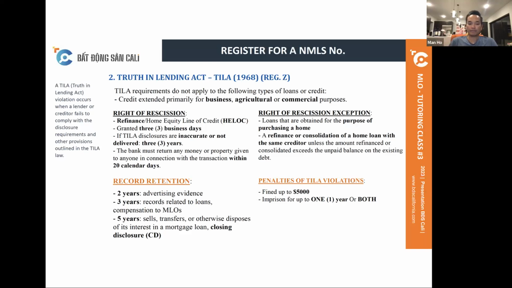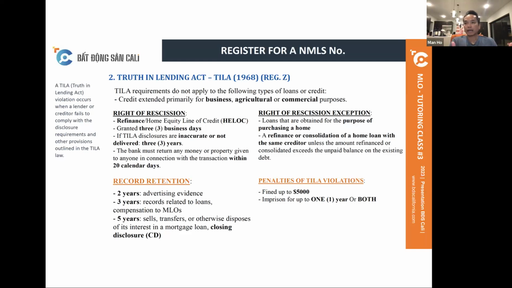Okay, what about 5 years? Sales, transfer, or otherwise disposal of an interest in a mortgage loan, closing disclosure. So your CD. When you open an application, the loan officer, the broker, the lender is going to send you an estimate.